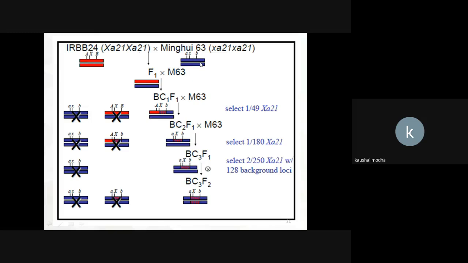M63 is our recurrent parent carrying the homozygous recessive allele, which is susceptible to bacterial blight. And there are two alleles, small a and small b, at the same marker loci flanking this target locus in the recurrent parent. So capital A and small a are two alleles of this marker locus. Capital B and small b are two alleles at this marker locus.